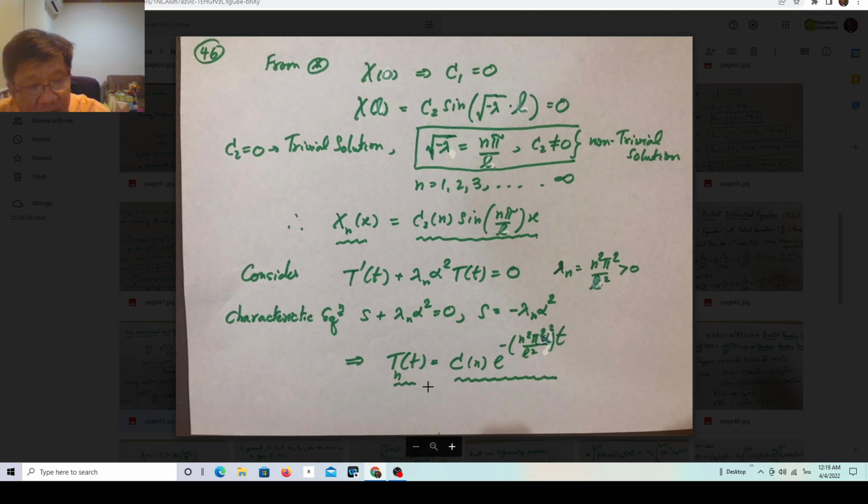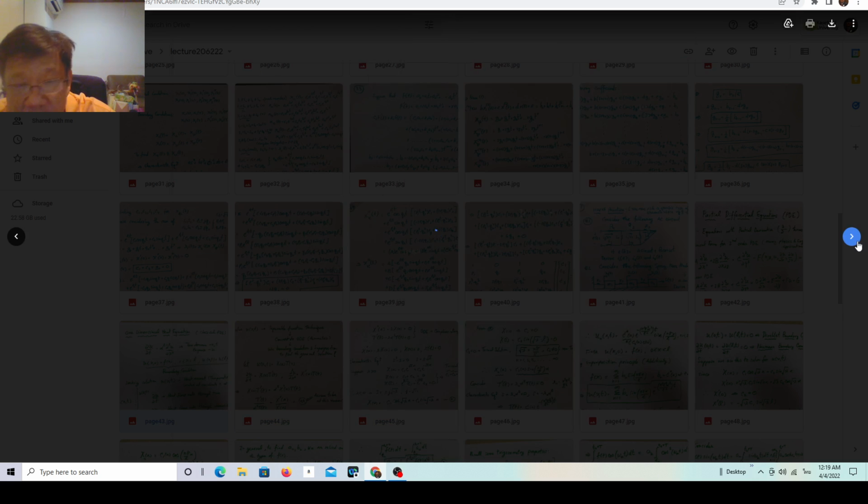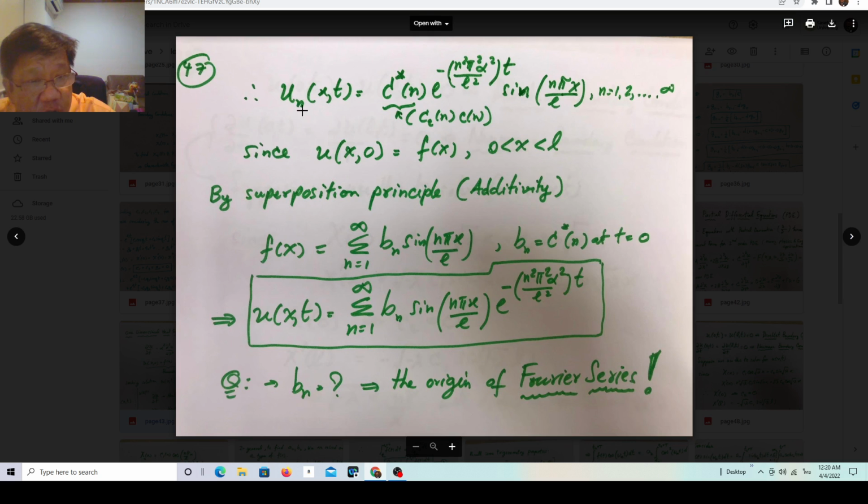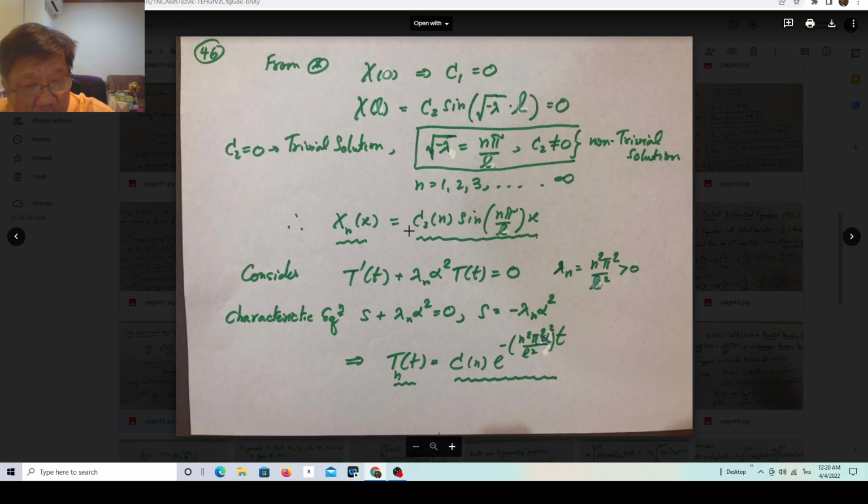Therefore, we are now ready to derive the general function, because the u function is this function of x times the function of t, both capital X and T. So u of x,t is these two functions multiplied to each other.